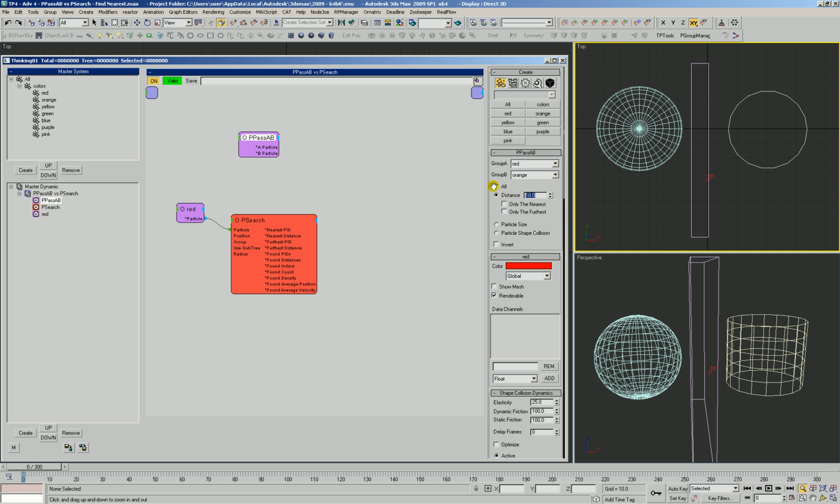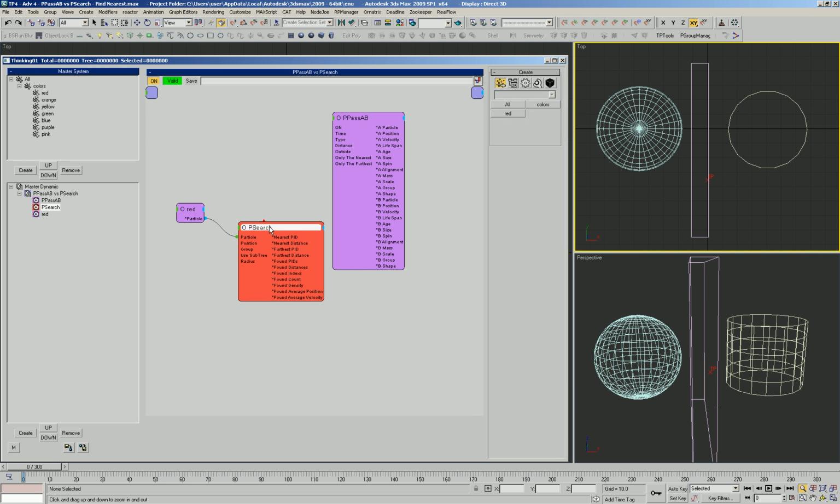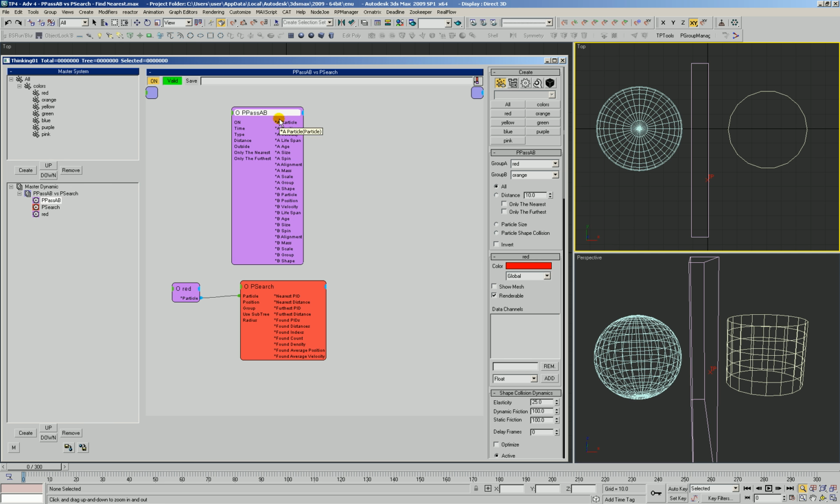Actually, let's go back here to the all option. We want to talk about these outputs. What happens when every red compares against every orange is these outputs become active. So if we, let's say, visible all, every time a red particle compares against an orange particle, any of these outputs will be able to fire and be true.